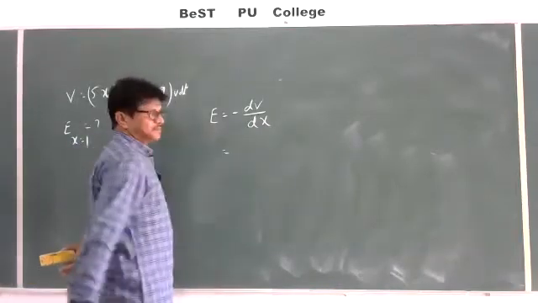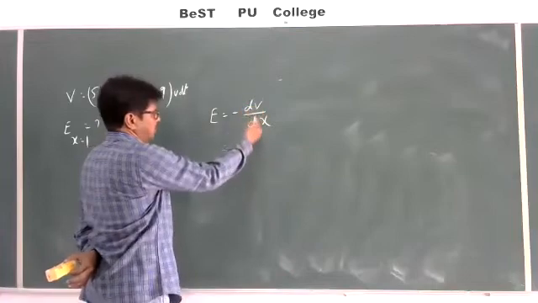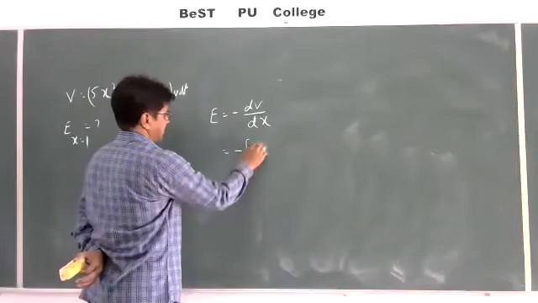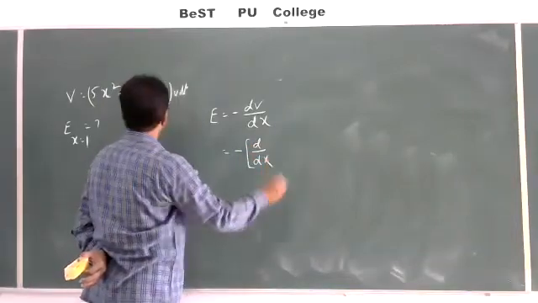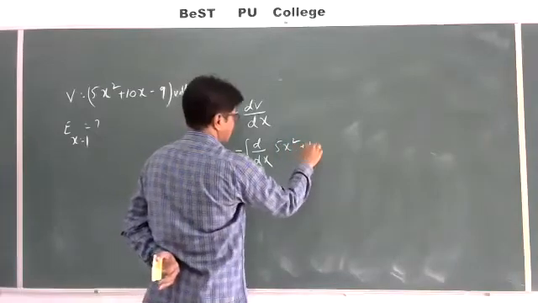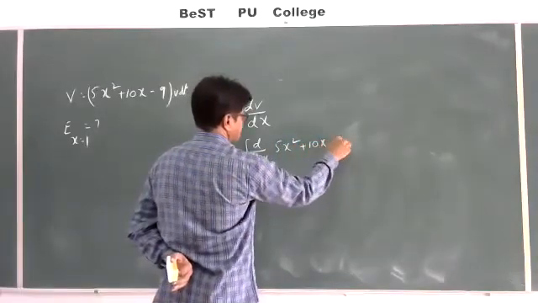If you differentiate the potential with respect to x, we are going to have electric intensity: minus d by dx of 5x square plus 10x minus 9.